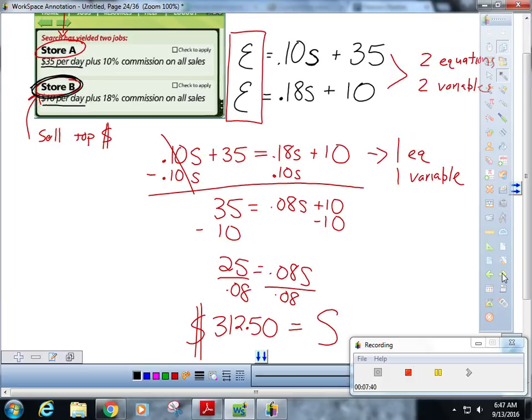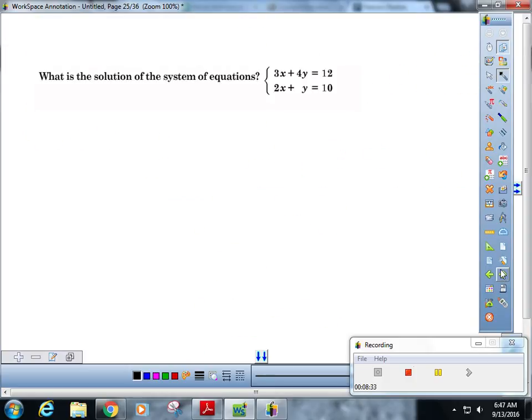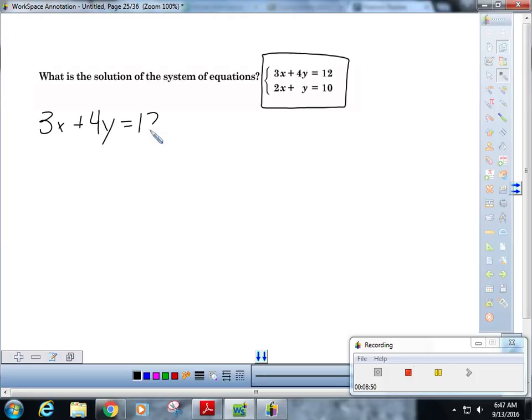Let's do one more example. This will look like a homework problem. I wanted to do this one because now it looks a little different. Notice, these two equations do not equal the same thing. We've got this black equation here, and we've got this blue equation here, and nothing's equal to the same thing.